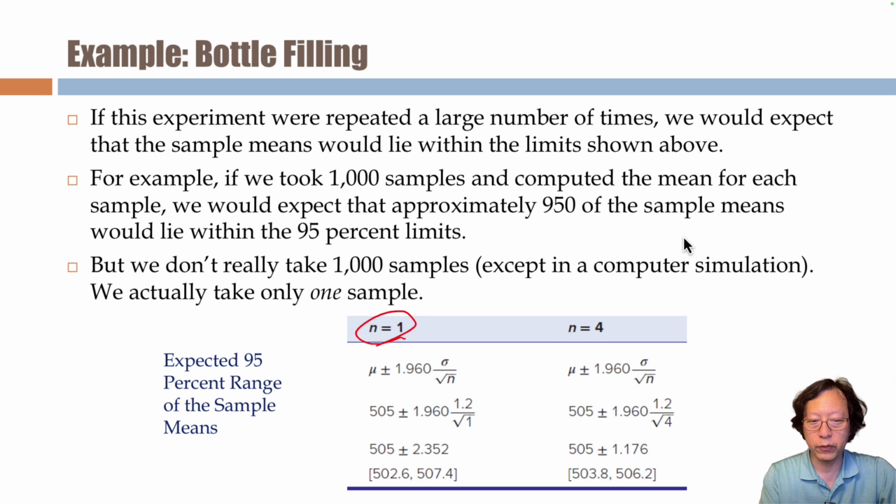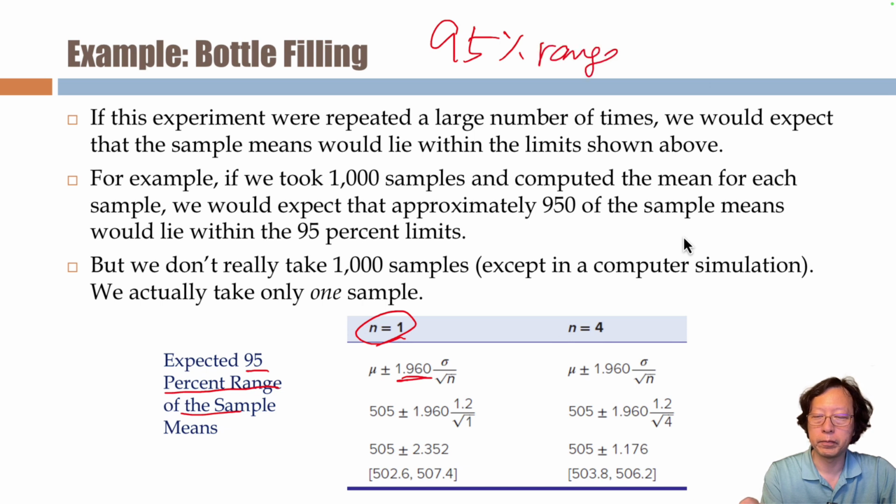So if you want a 95% range, then we use the 95% range z-value, which means the 0.975 z-value, and then you can find z 0.975.